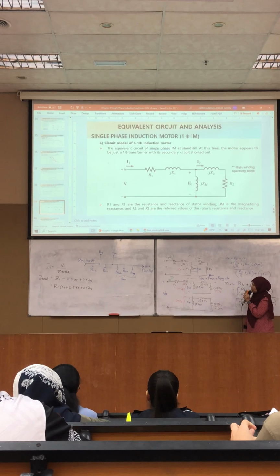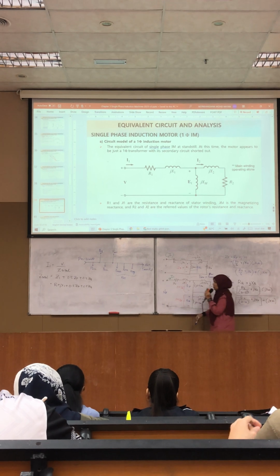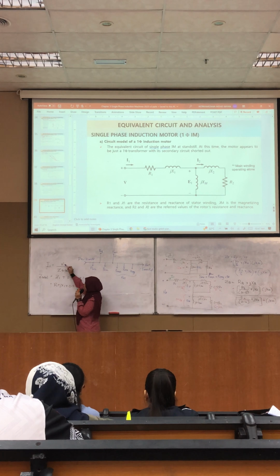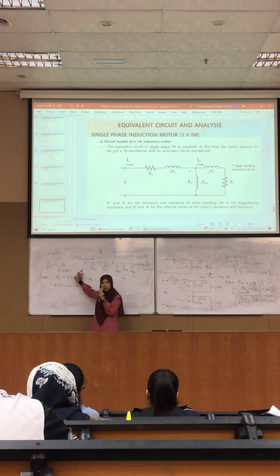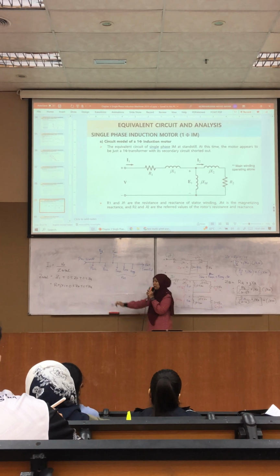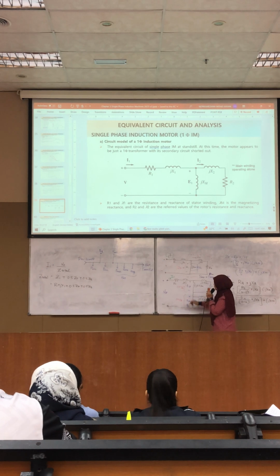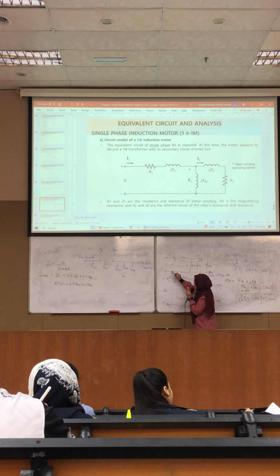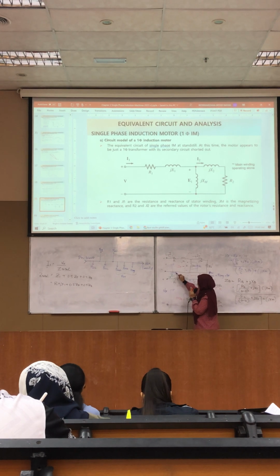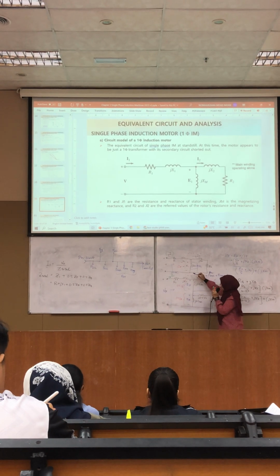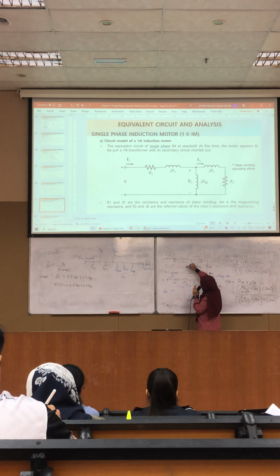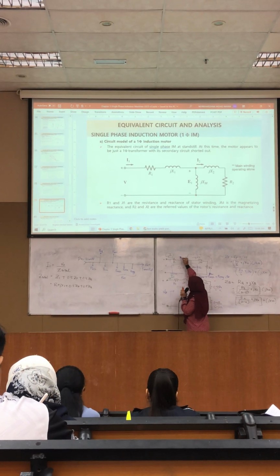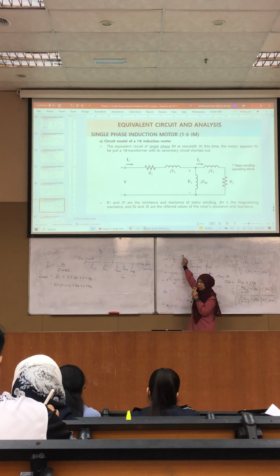So now kita ambil balik konsep three phase. When we wanted to find the stator current, it is V phase over total impedance. Impedance kan? So total impedance is from here. Z total. So Z total is actually yang merah ni. This is your ZF and this one is your Z stator, Z1, right?